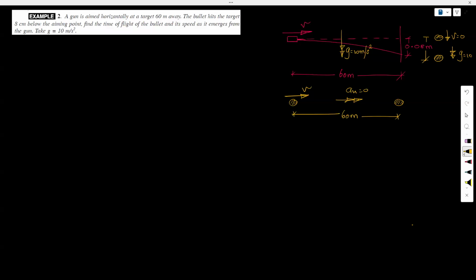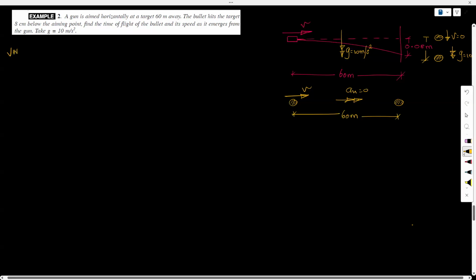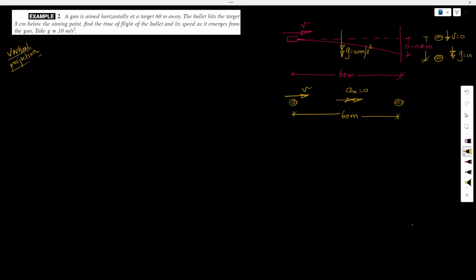So I'm going to use the vertical component or vertical projection. For the vertical projection, I'm going to use the equation delta y equals vit plus half at squared, and I'm going to use it in the downwards direction.